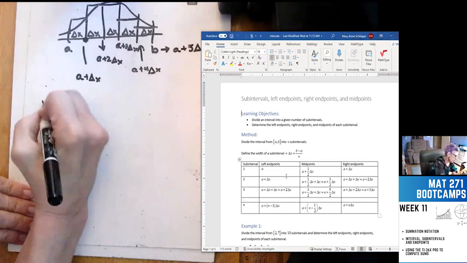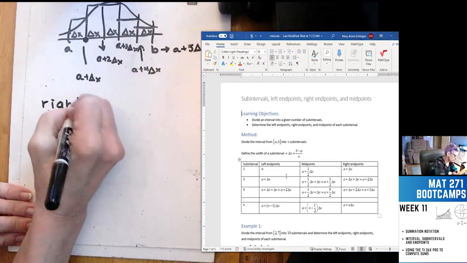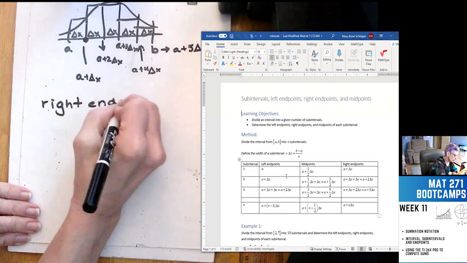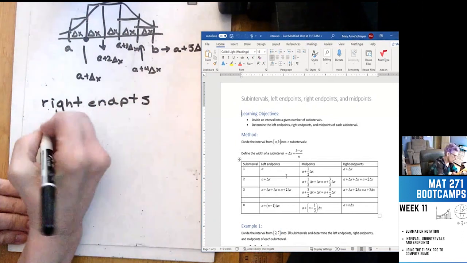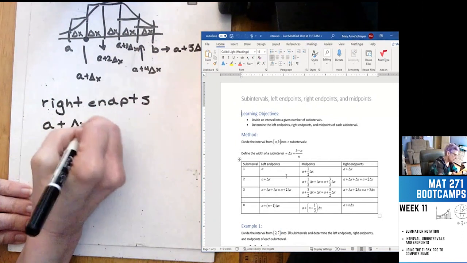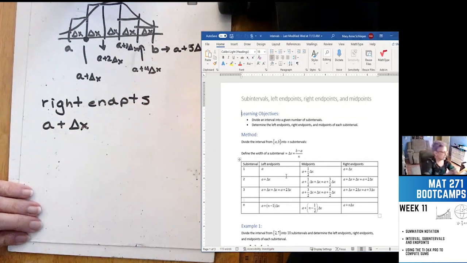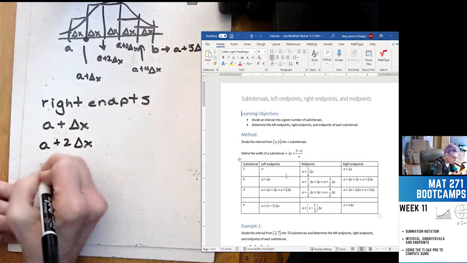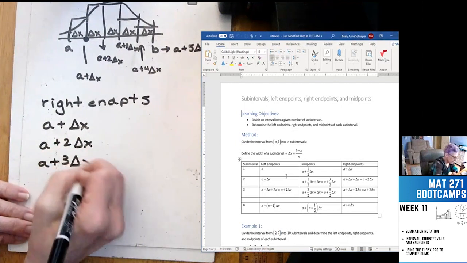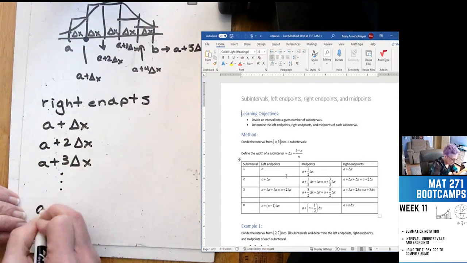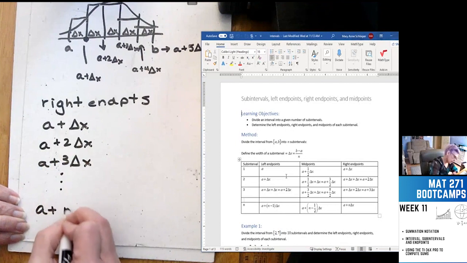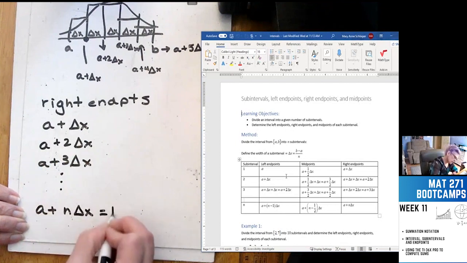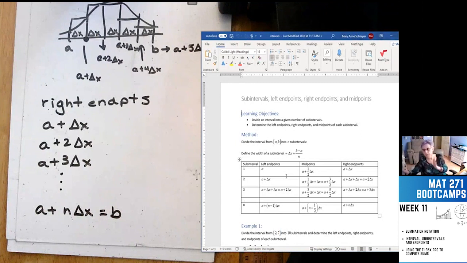So right endpoints always start 1 delta x to the right of A, and then you keep adding until you get all the way to n delta x's, and you end up at the right end of your original interval.